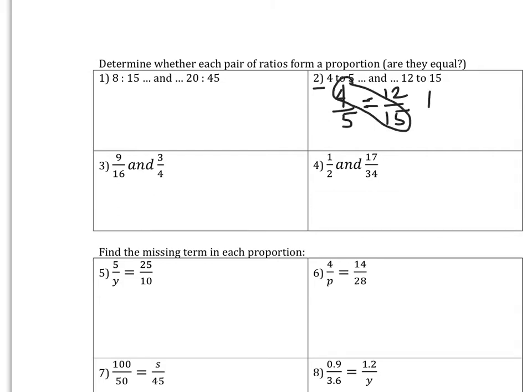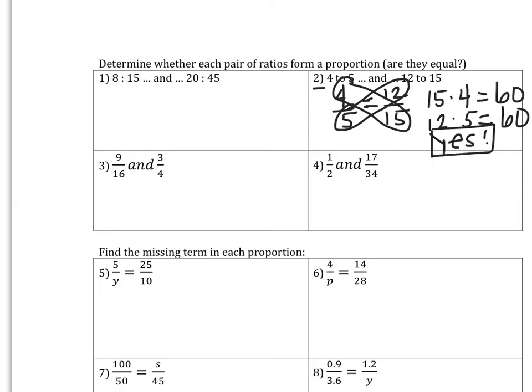We have 15 times 4 and 12 times 5, and they need to equal the same thing. 4 times 15 is 60, 12 times 5 is 60, so yes, these are equal.